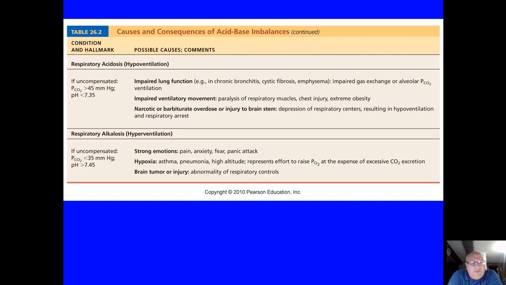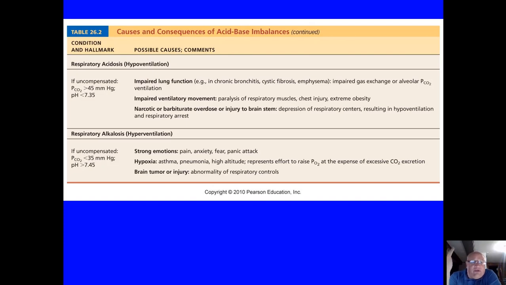Why? A lot of times this is due to impaired lung function, so chronic bronchitis, cystic fibrosis, emphysema, impaired gas exchange. That can be because the respiratory membrane, the lining between the alveoli space and the capillaries, is getting too thick, so there's not as efficient gas exchange.